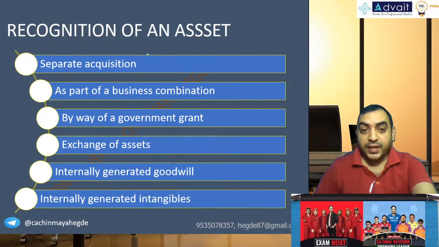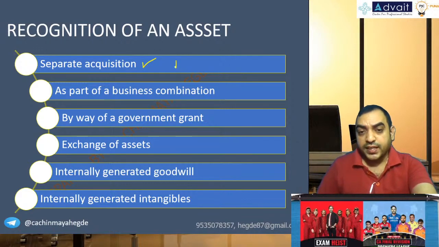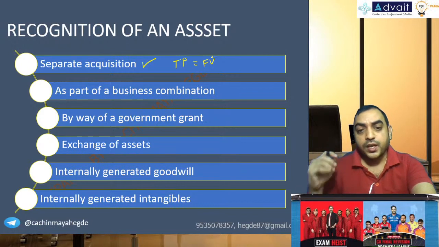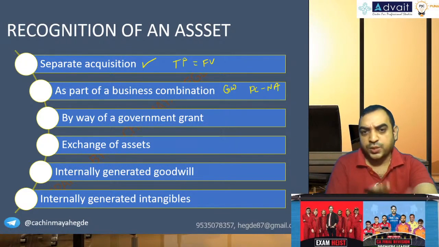Recognition of an asset by separate acquisition. When you acquire it separately by paying an amount, we say that usually transaction price is equal to fair value. That is a regular assumption. As part of a business combination, that is basically part of goodwill, purchase consideration minus net assets. That is for goodwill. And others, as part of a business combination, you take over intangibles, patents, licenses also.